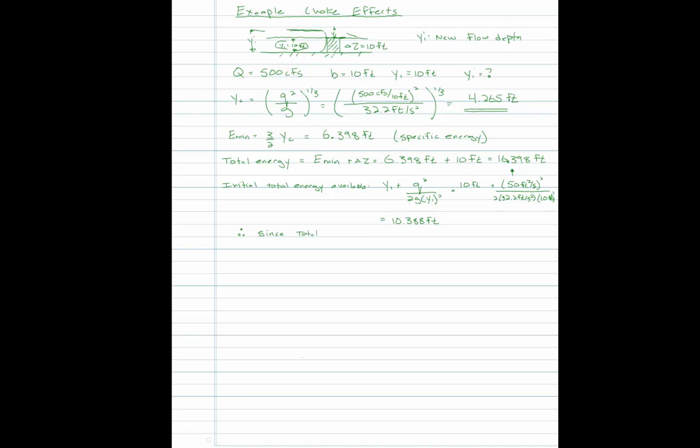All right, so the conclusion we can draw is, since the total energy required, which is 16.398 feet, is greater than the initial energy available, which is 10.388 feet, choking will occur.